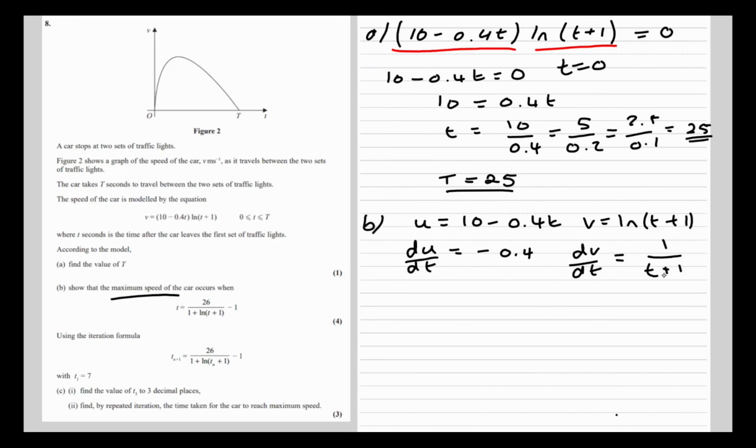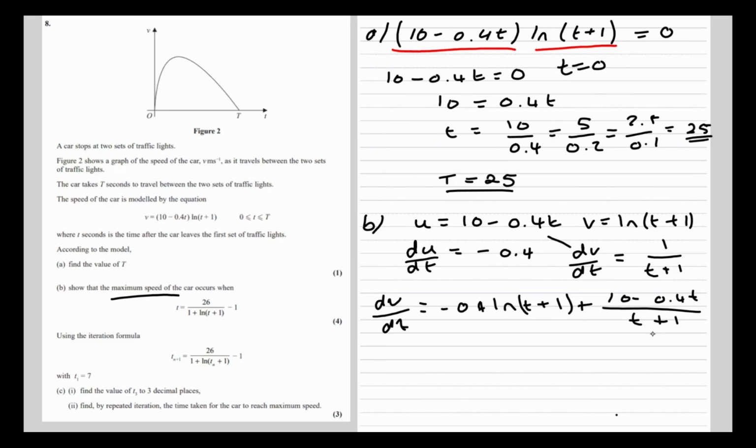Then we can say that dv/dt is equal to v du/dt, so minus 0.4 ln(t plus 1), plus u dv/dt, which will be (10 minus 0.4t) divided by (t plus 1).